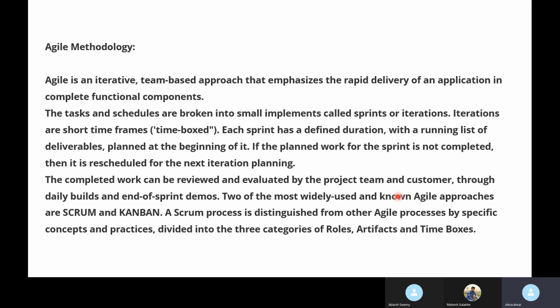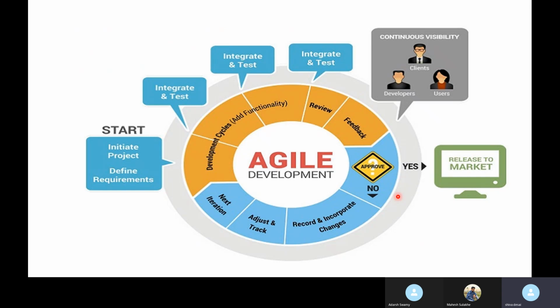Whereas in agile, what happens is it is called an iterative or time-based approach, and it requires only 3 to 6 months for implementation of any SAP in any business. That is called agile. In agile methodology, there will be a leader, we call him a scrum master.